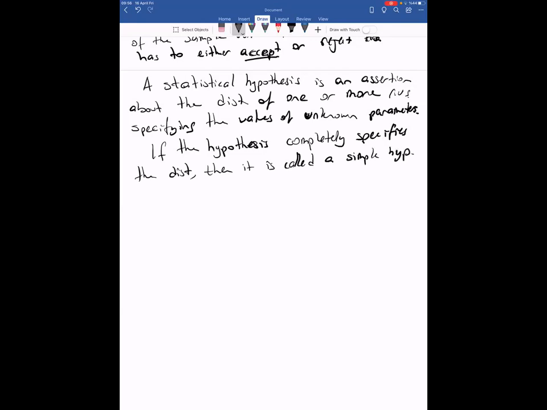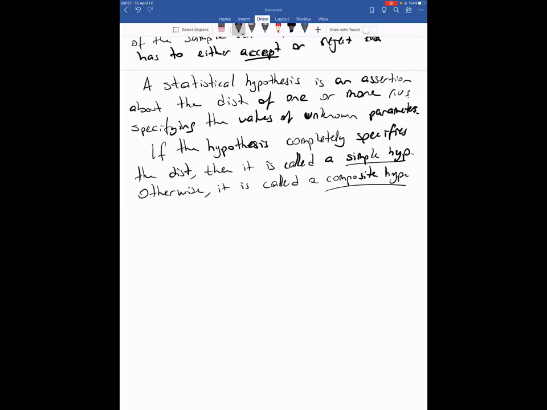Otherwise, it is called a composite hypothesis. Based on the type of the hypothesis, we have different methods to derive a test.